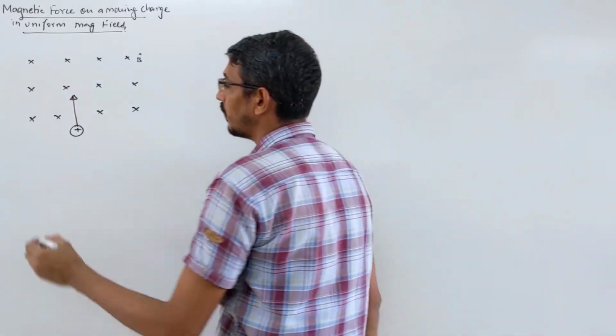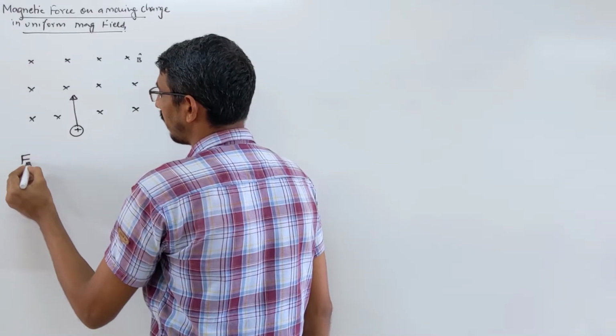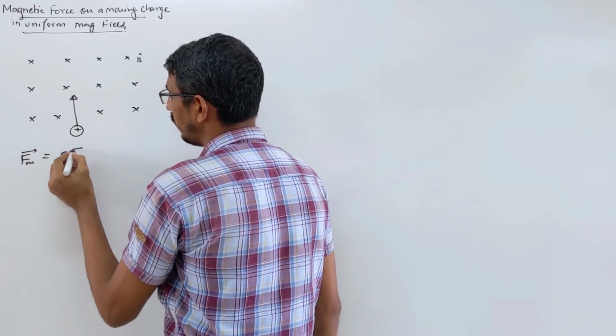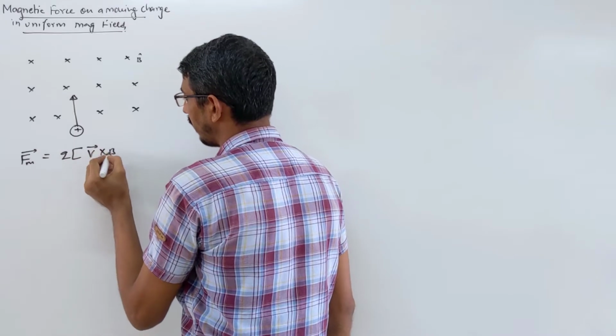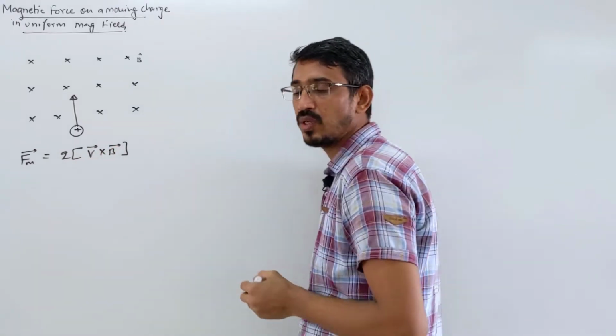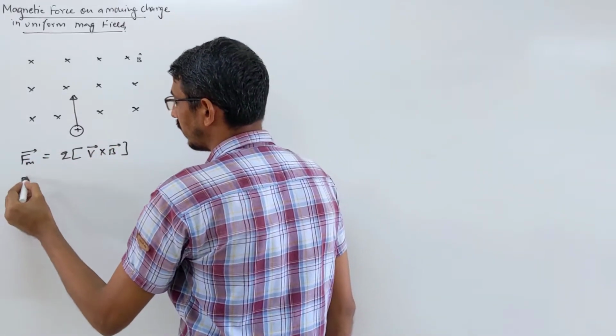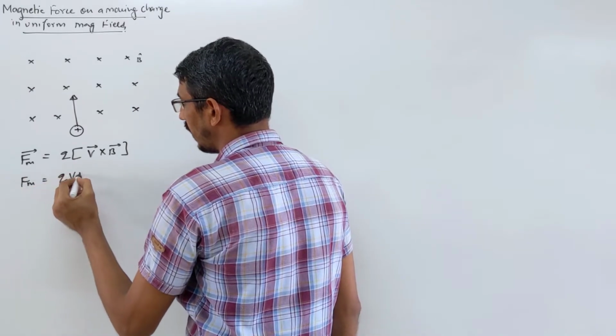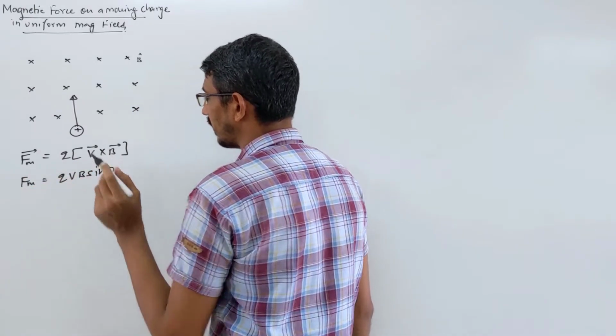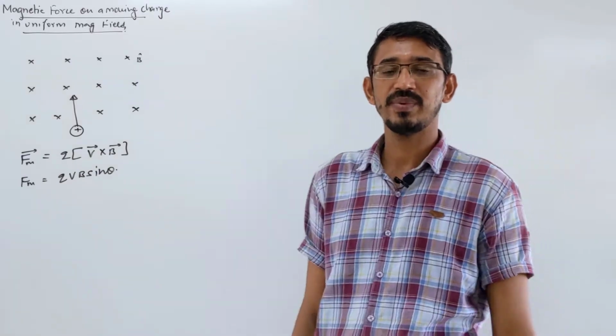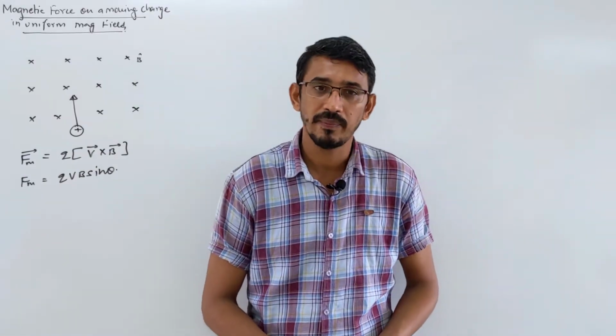Magnetic force is given by this formula. I am writing Fm, the magnetic force, is equal to Q V cross B in vector form, or in scalar form you can write the magnitude Fm is equal to Q V B sin theta. This is the magnetic force experienced by a charged particle moving through a magnetic field.